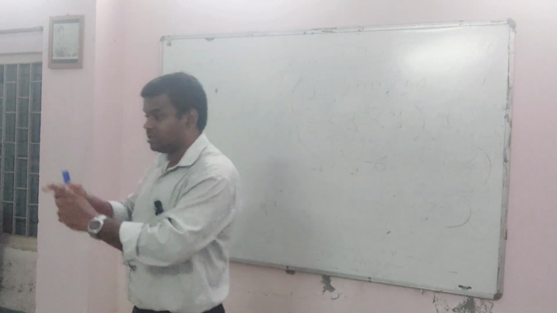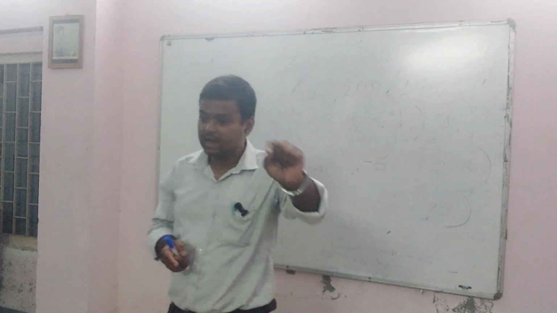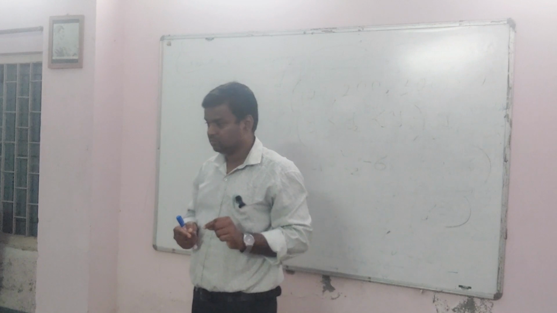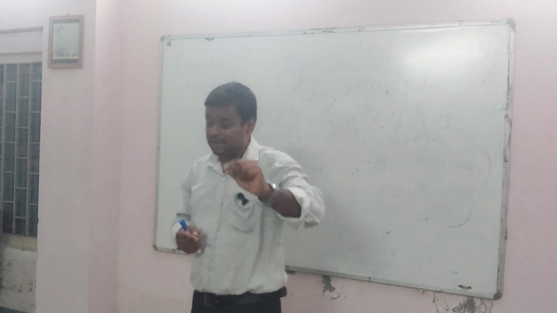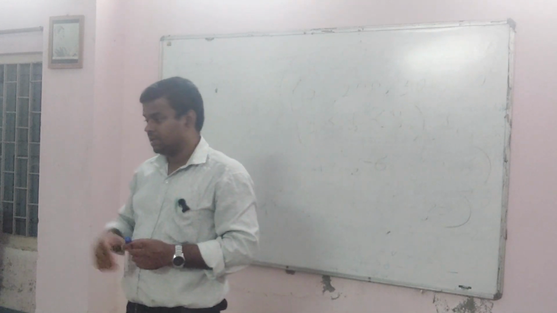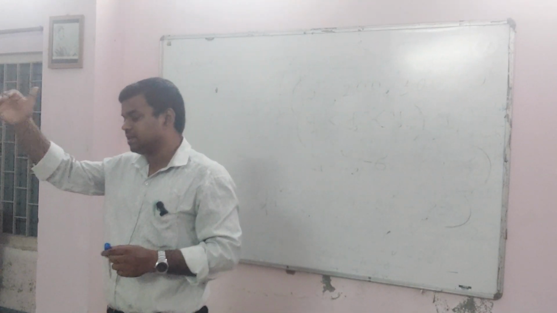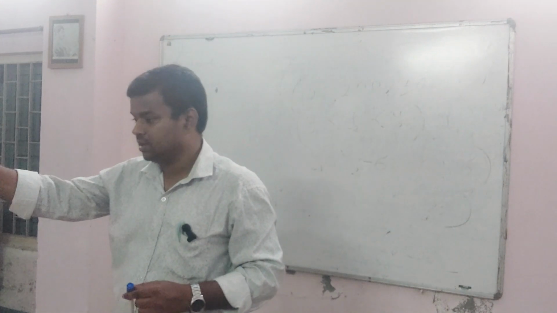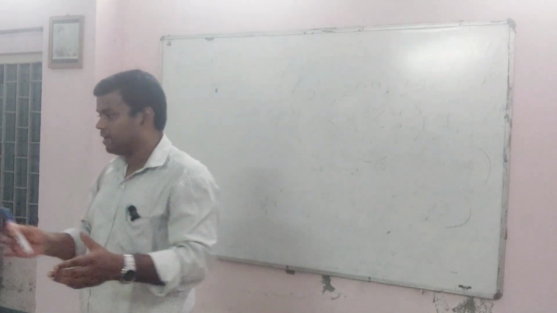Price changes means what? Price may either increase or decrease. So when the price of a commodity increases, then generally we can observe that the quantity demanded of that commodity decreases, and vice versa.